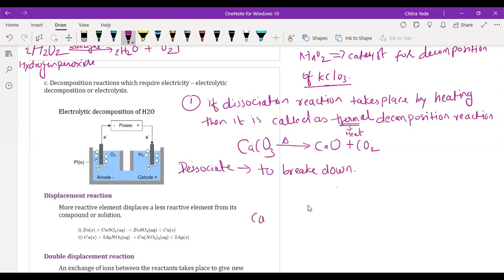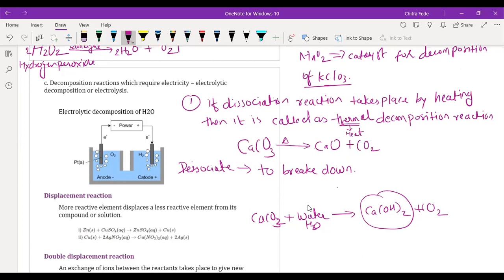When calcium carbonate, CaCO3, is mixed in water, H2O, it gives calcium hydroxide, Ca(OH)2, and carbon dioxide gas is released. So this calcium hydroxide is quicklime, lime water. Okay.